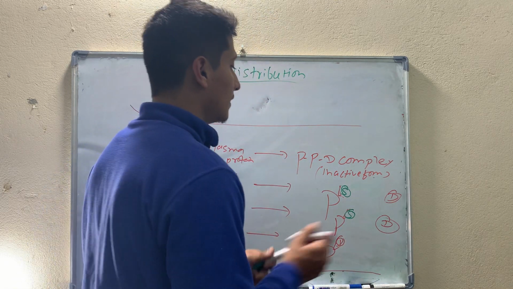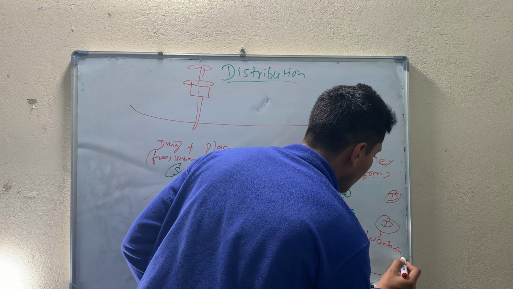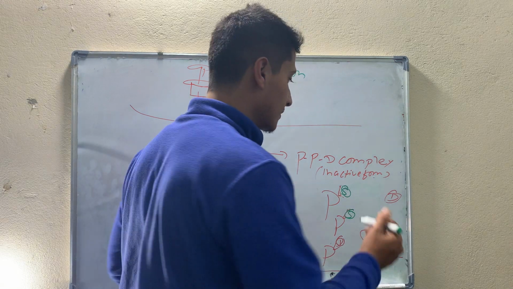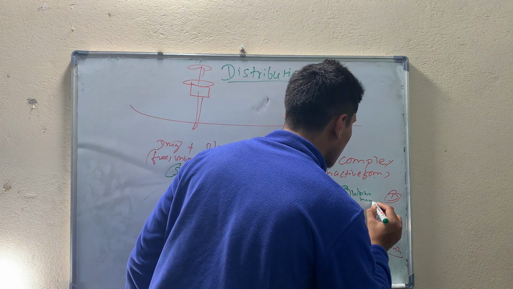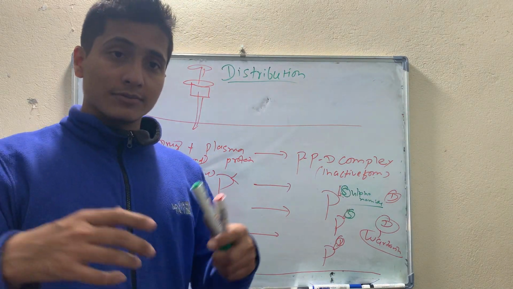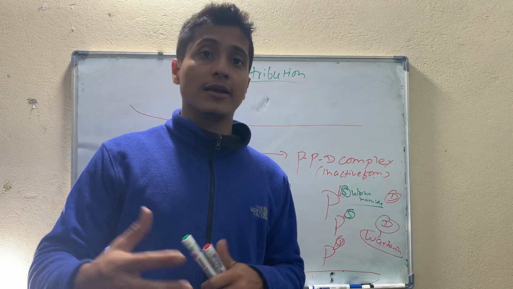So what if this drug is warfarin? And what if the drug that just replaced the warfarin is sulfonamide? Sulfonamide is also a highly protein-bound drug, and warfarin is also a highly protein-bound drug.